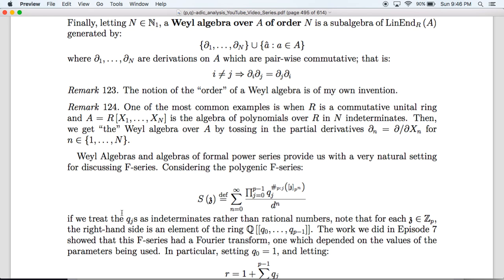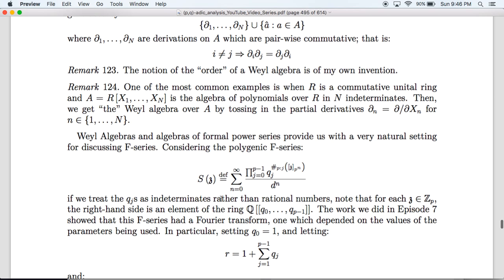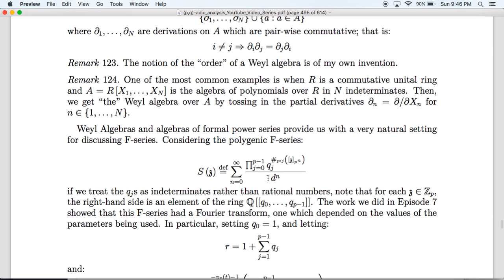So as an example, if we consider this polygenic F-series, and we treat the q_j's as indeterminates rather than rational numbers, note that for each z in Z^p, the right-hand side is then an element of the ring of power series with rational coefficients in these p distinct indeterminates.